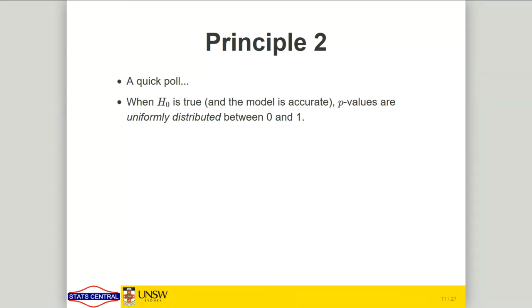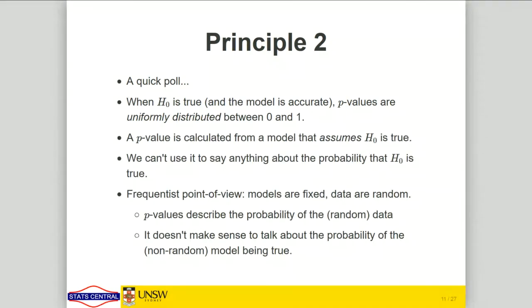But if you want to get more detailed, a p-value is calculated from a model assuming that our null hypothesis is true. Because we've assumed it's true to calculate the number, we can't use it to say anything about the probability that our assumption is true. You can't assume something and then talk about the probability that your assumption is true.